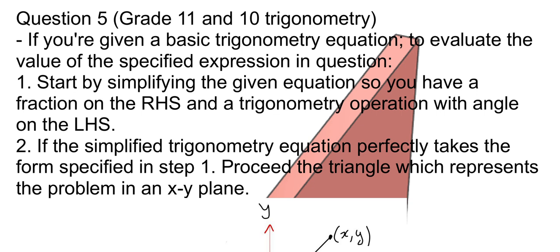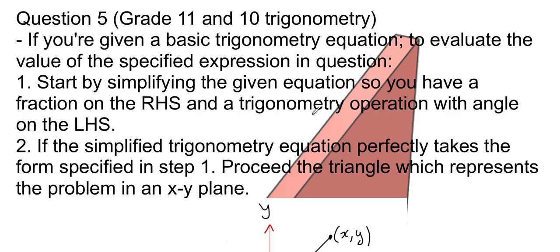The first thing you have to do in such questions is to simplify the given equation, so that on one side you have a trigonometric operation and on the other side you have your angle, or the other way around.